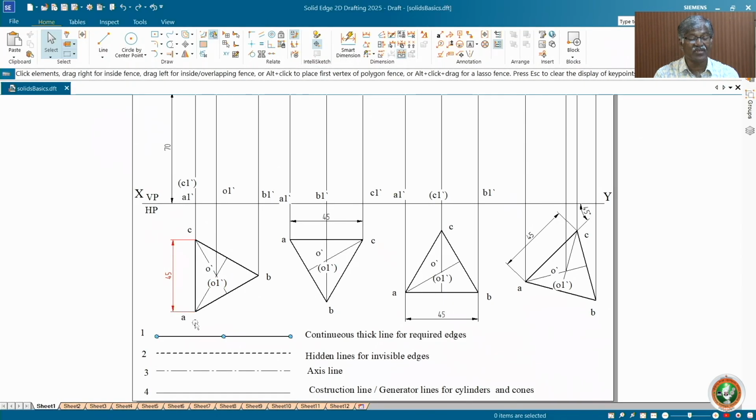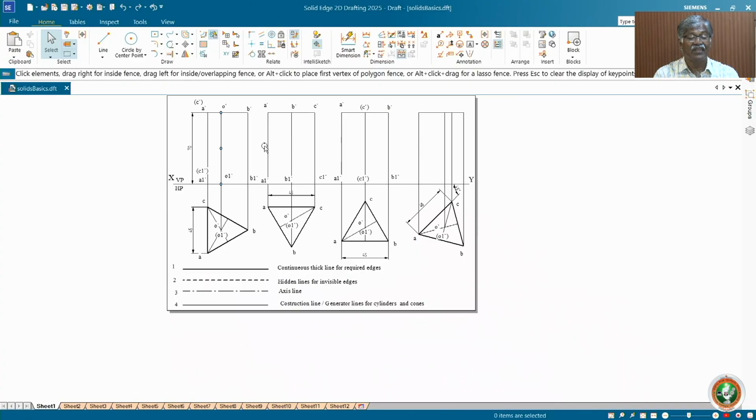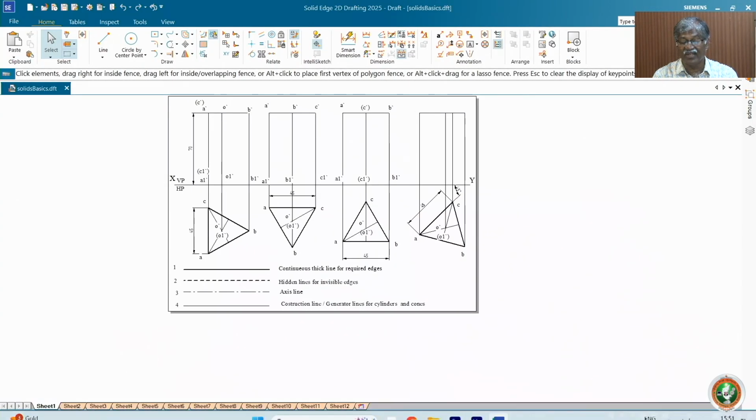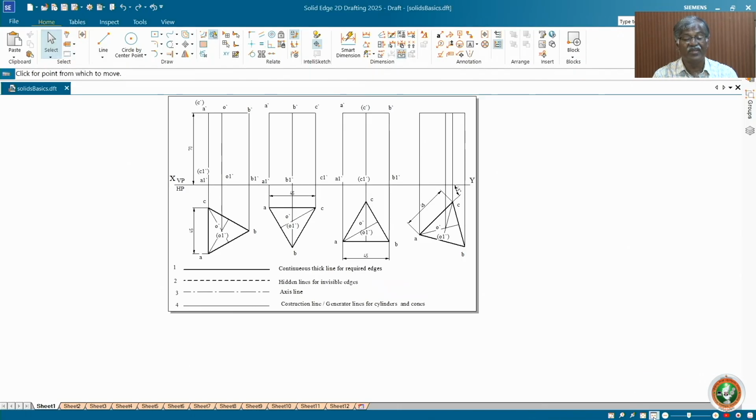So I have here first the position of the solid with one of the base edge or one of the rectangular face perpendicular to VP and left side. I have done that in the previous case, right side. Here I have taken left side. Now, what about this? The availability of the position is very simple.